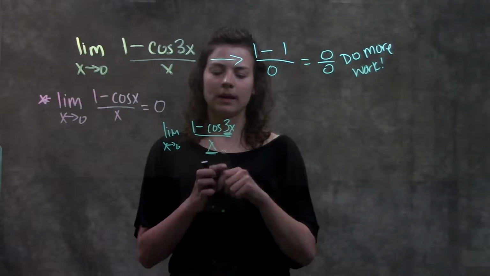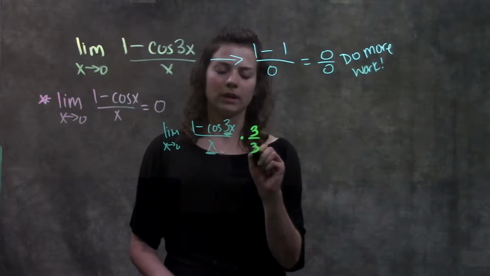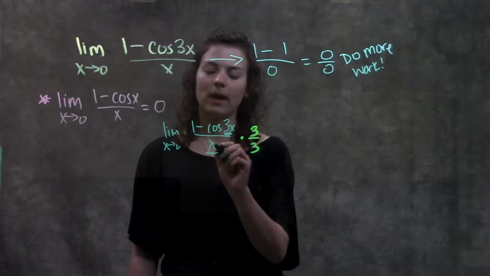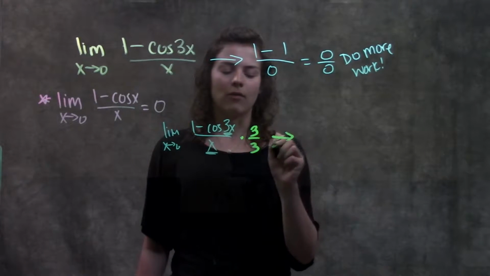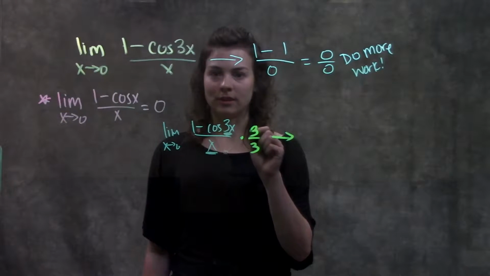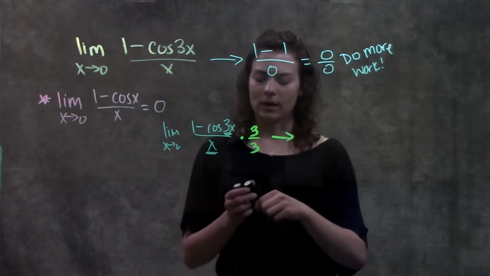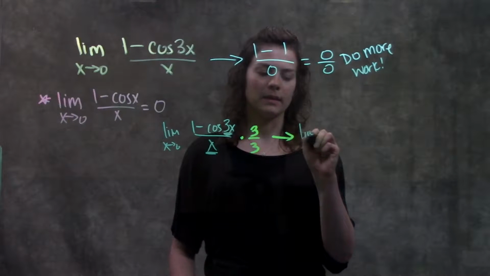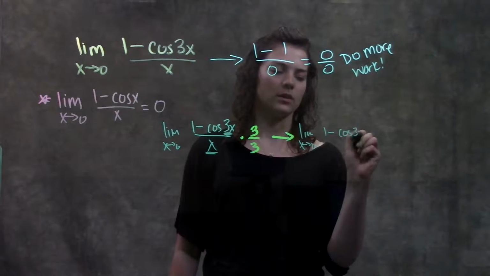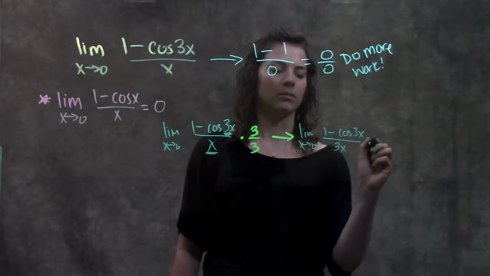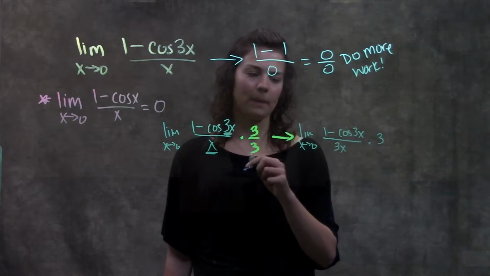So I can multiply this by 3 over 3 to make this bottom 3x, and that way the bottom will match the top angle. And remember, whatever I do to the bottom, I need to do to the top of the fraction as well. So when I multiply that together, I get the limit as x approaches 0 of 1 minus cosine 3x over 3x. Remember, I still have my 3 in the numerator here.